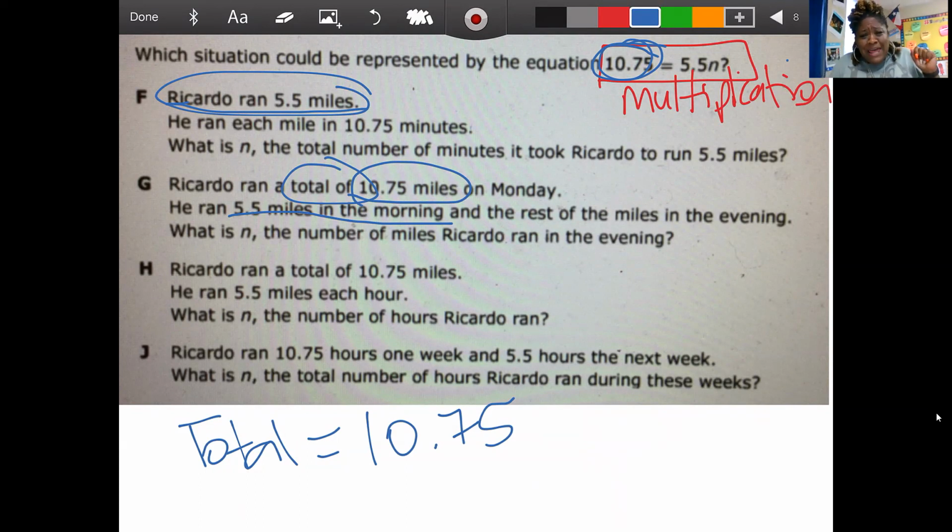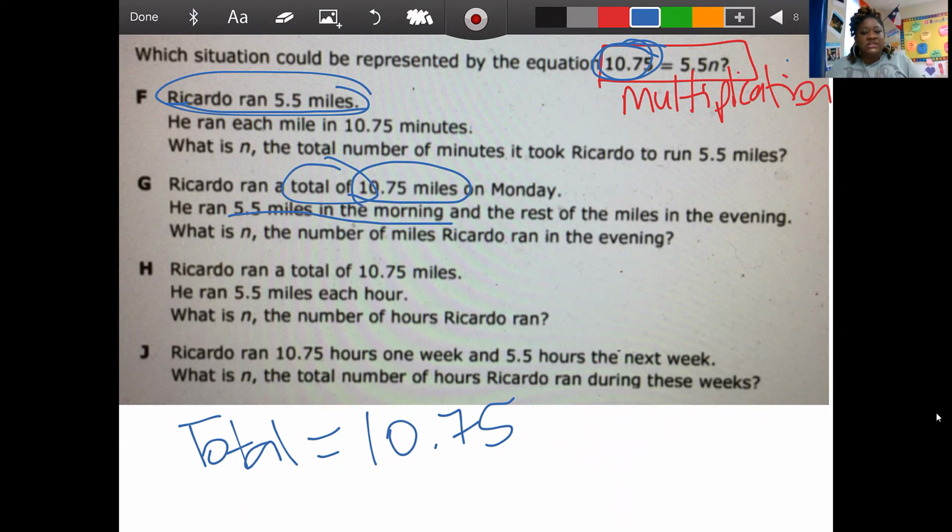Go, Miss Simmons. Get it, girl. And the rest of the miles in the evening. So this is my morning. This is my evening. Those two together are going to equal 10.75. Ask yourself, what operation is that? I'm not going to tell you, but you should know.